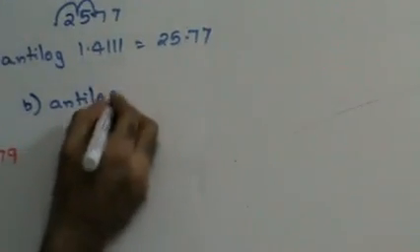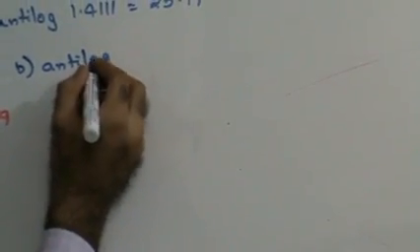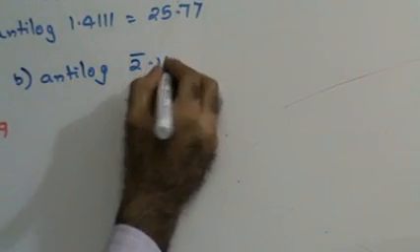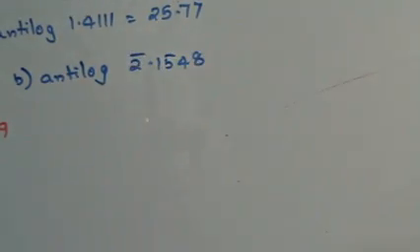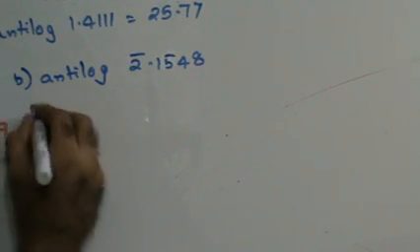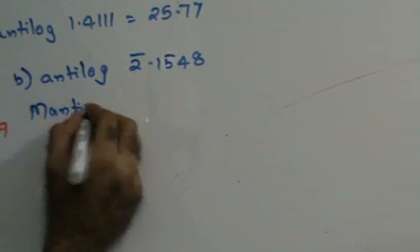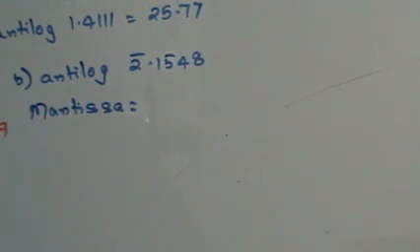Suppose if they tell you to find out anti-log of say 2 bar 0.1548, right? First thing that you have to do is find mantissa. 1548. 15 to the extreme left, 4 is nothing but 1426.